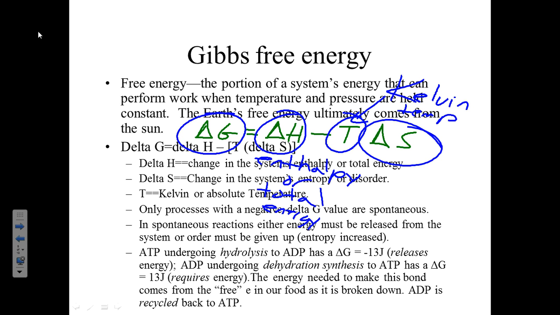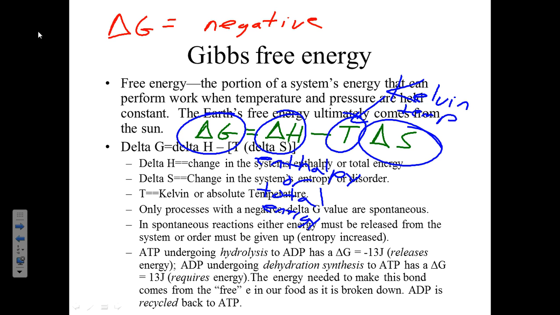The key thing you need to understand: if you calculate a delta G and your answer comes out to be negative, that tells you some things about the reaction you're calculating it for. If you got a negative energy value, what do you think that's telling you about the reaction?